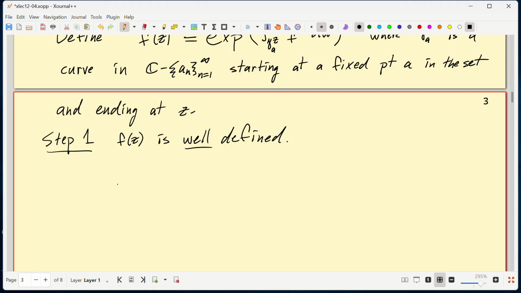So if I want to show that it's the same, if I take an f of z that I define one way, and an f twiddle, which I define using a different curve, that would be exp divided by exp.